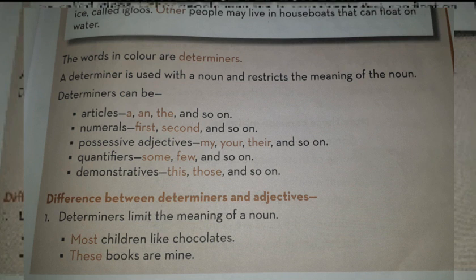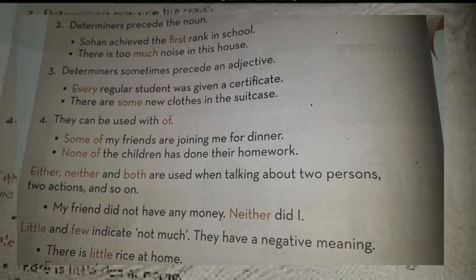We can limit it. So most children like chocolates. Now, these books are mine. So collectively some books, many books are there, but I say these books are mine. I limit the meaning of the noun. Next, determiners precede the noun. For example, Sohan achieved the first rank in school.